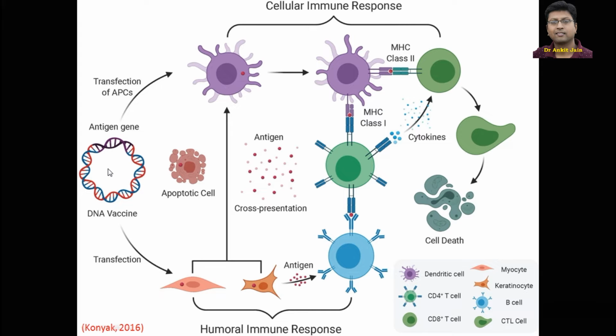So finally, introduction of the DNA vaccine will provoke different types of immune response. Like in this picture, the dendritic cell will be activated, and they will further process the different antigens and express them on the MHC class II molecule and MHC class I molecule, and they will activate different types of T cell response, like T cytotoxic cells and T helper cells.